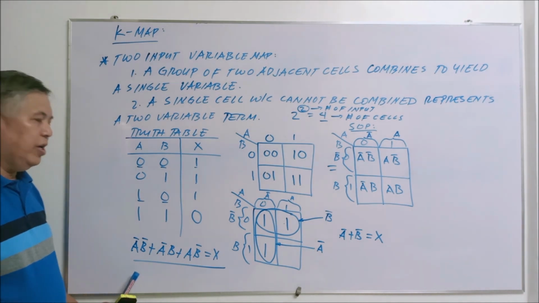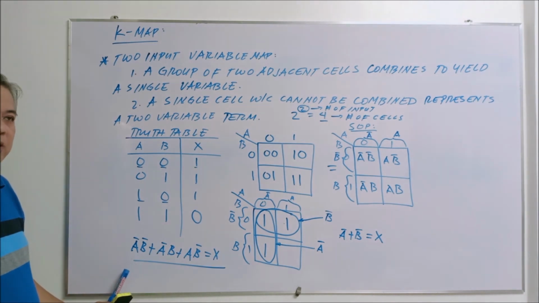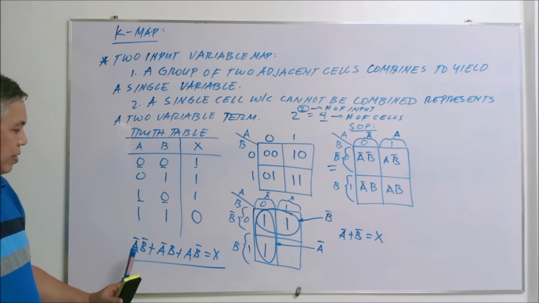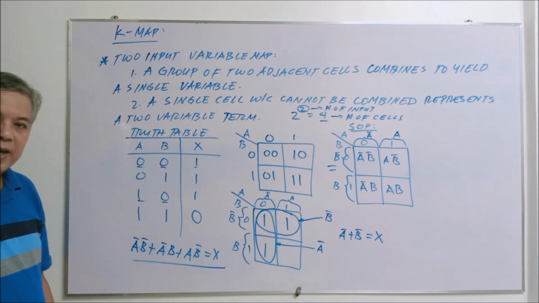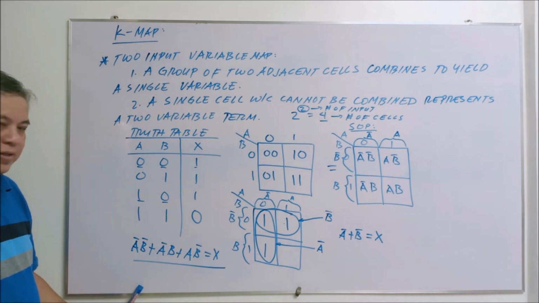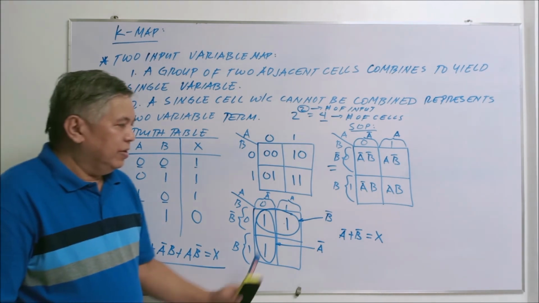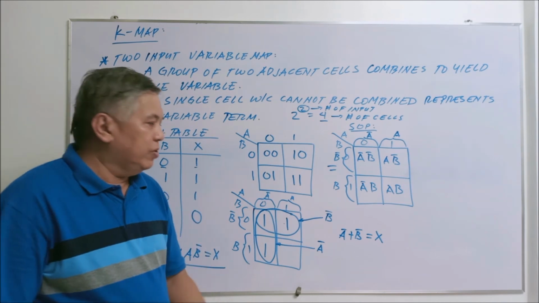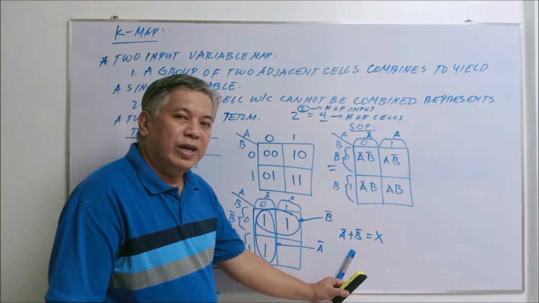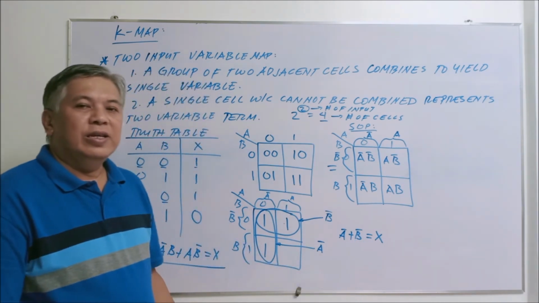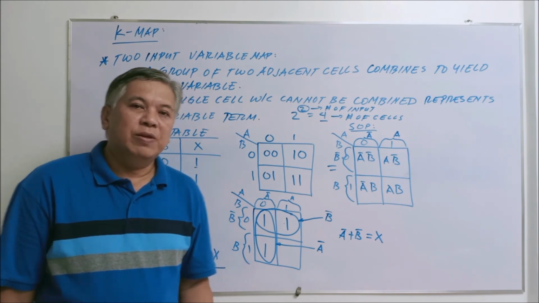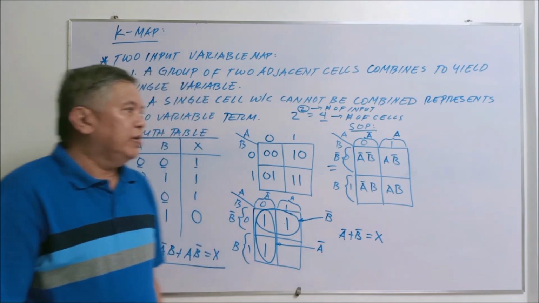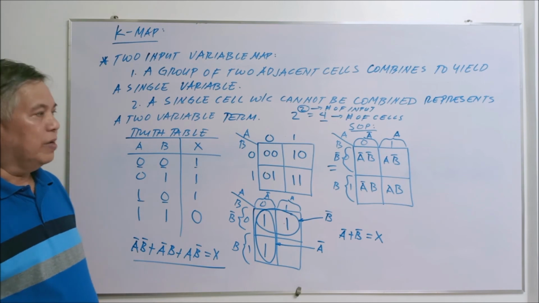If we represent this with a logical circuit, you have 1, 2, 3 AND gates and 1 OR gate, right? In the simplified logical equation, we will only be using an OR gate. So even the logical circuit will be simplified because of the simplified equation which was derived.